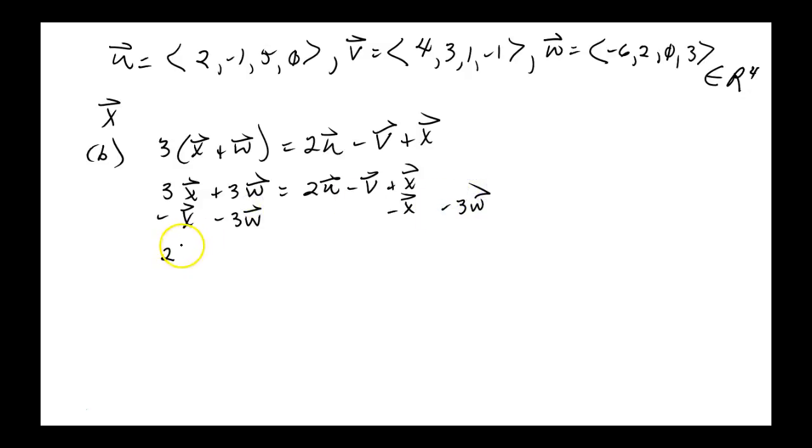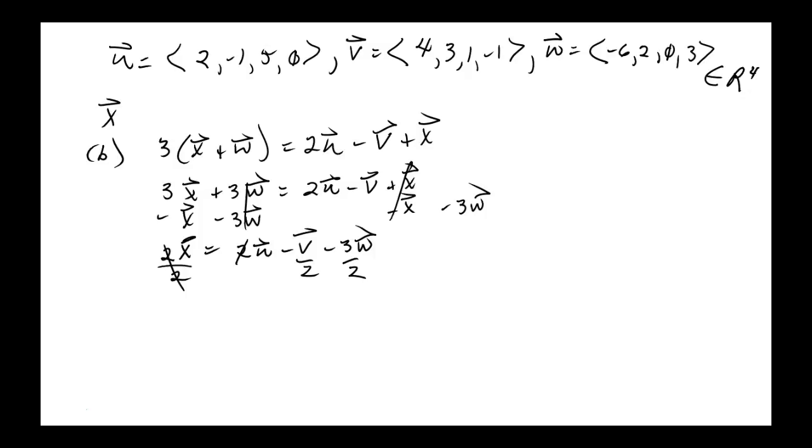That will give you 2x is equal to 2u minus v minus 3w. And then divide by 2. I think this would be just about as simple as any other way.